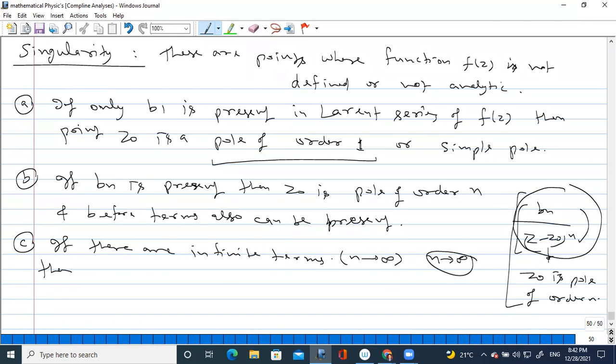If there are infinitely many terms of Bn, with n tending to infinity, Bn giving you the principal part, then z equal to z naught is known as an essential singularity.